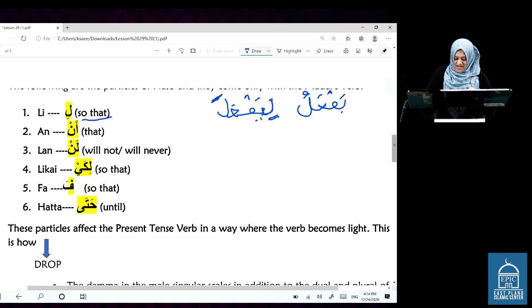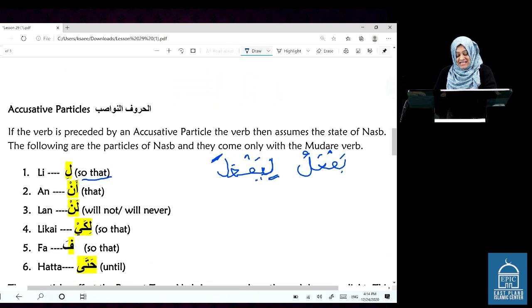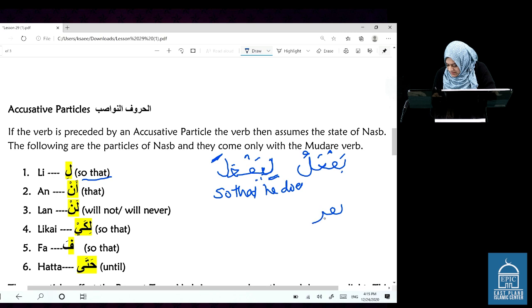So where was I? Here, yaf'alu, li yaf'ala, so that he does. Liyaf'ala, so that he does, or say does kaza wa kaza. Or say for example, qara'a yaqra'u. I bought him books so that he reads. How am I going to say so that he reads?